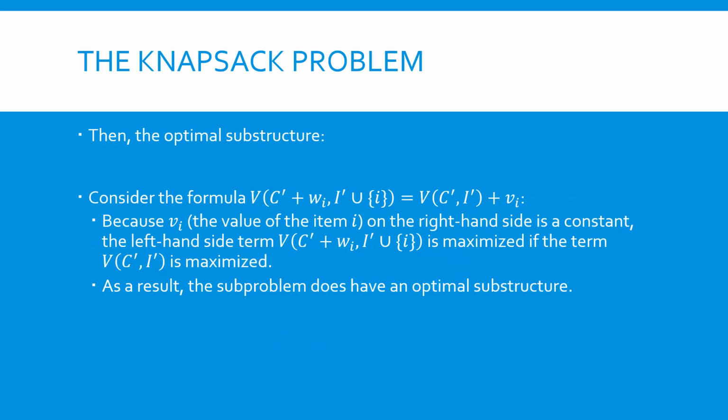Therefore, our subproblem definition does satisfy the overlapping subproblem property. Next, we will verify the optimal substructure property. Consider the equation V(C' plus Wi, I' union {i}) equals V(C', I') plus Vi.